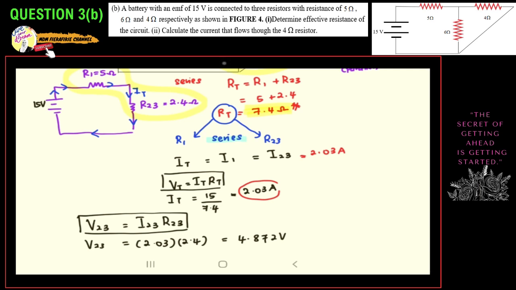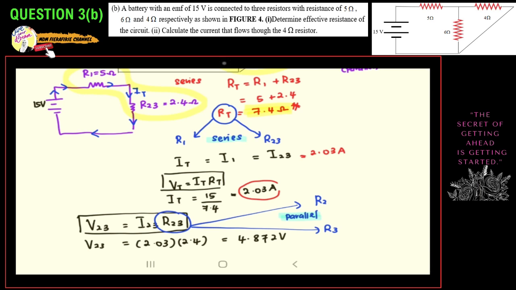Alright, and please remember that R23 is the combination of R2 and R3, and they are parallel. That is why you must know which are in series and which are parallel.